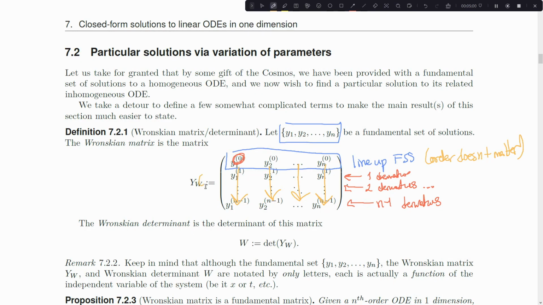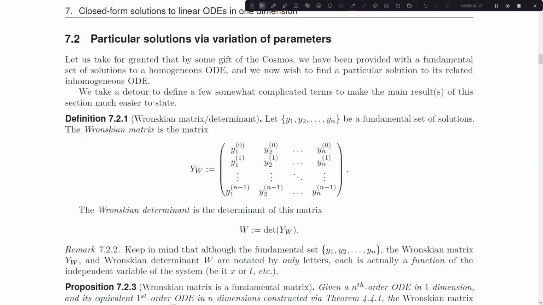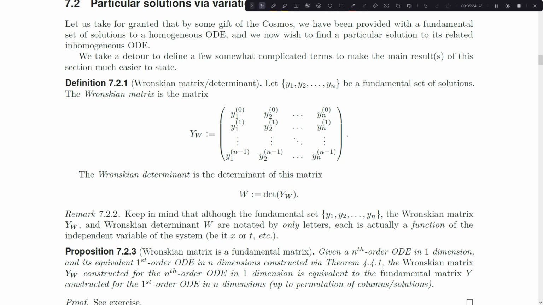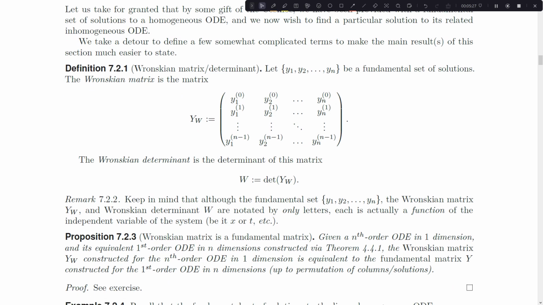So this is a function of t, that's a function of t, because my inputs to those were also functions of t or functions of x or whatever. And so we can actually play around with these things as functions, not just as objects. Okay, so let's just keep that in mind, even though we drop the dependence. This proposition is fantastic. This is kind of why I've ordered the course the way I have.